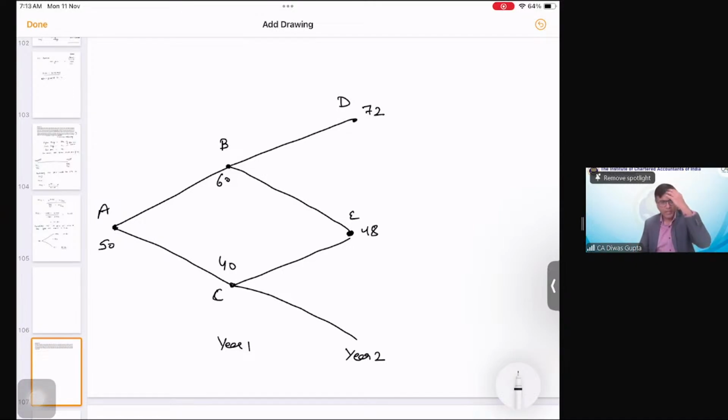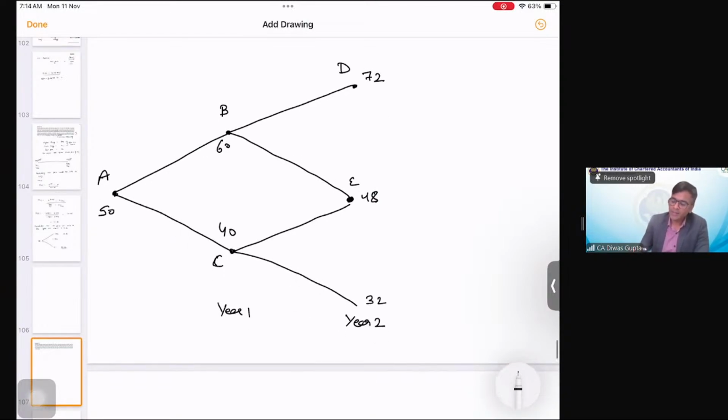Now, similarly, 40 also has two chances, right? 20% higher on 40 is 48. So B's lower value and C's higher value, both of them will result into 48. So I've taken that as E. And then C, which is 40 rupees, can also go down by 20%. So it will become 32.